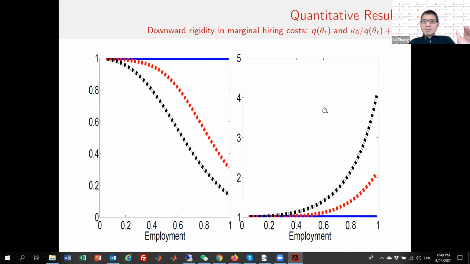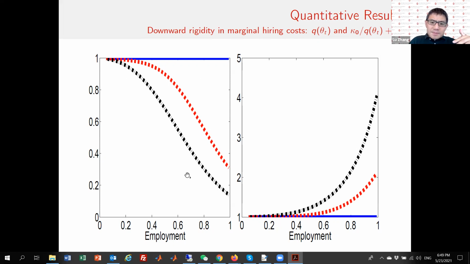The right panel is the marginal hiring costs. It's given by this form. Let's ignore the Lagrange multiplier on the vacancy constraint for a sec. The intuition is the search and matching externality.